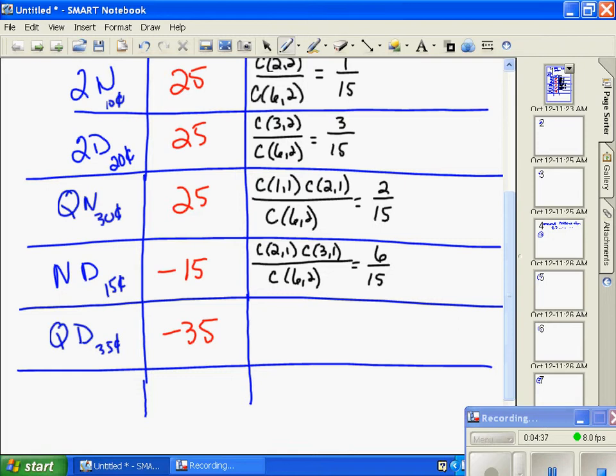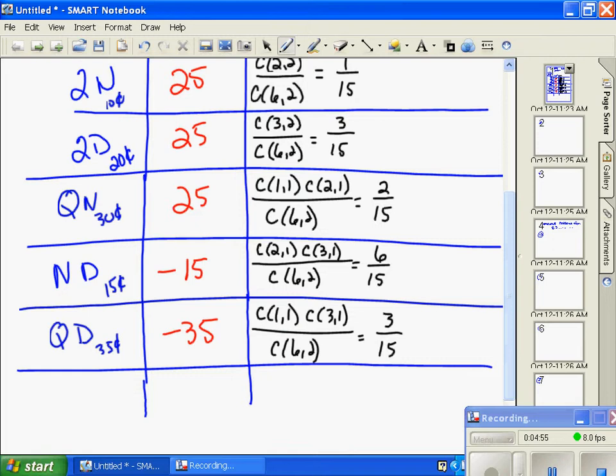Then I have a quarter and a dime. I remember I had 1 quarter and 3 dimes, and I pick one of each. On this type of problem, as long as you do your 6 choose 2 one time, you can see that you just keep repeating that. So that's 3 over 15.